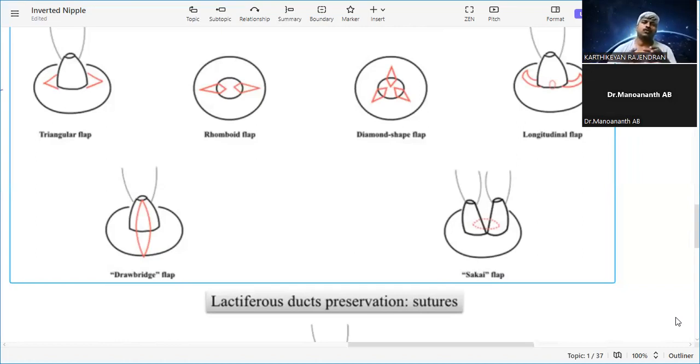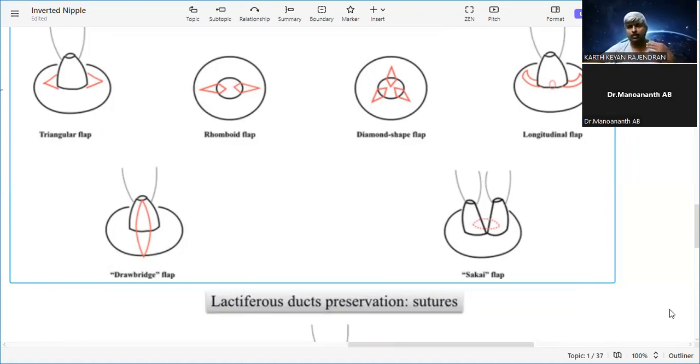We cut the nipple from the upper portion to the areolar complex and suture it in a straight line. For the Sakai flap, we divide the nipple into two, make the cut around the base, and suture it. That will close tightly and hold the nipple in position.